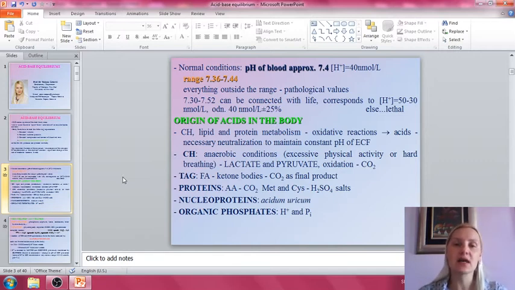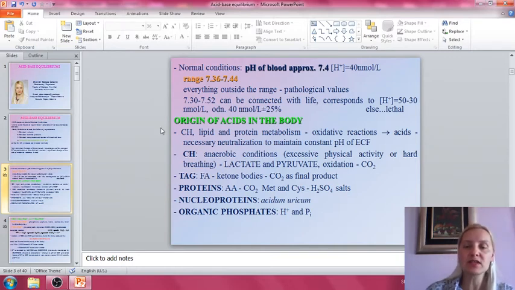Everything outside this range is considered to be a pathological value. The range between 7.3 to 7.52 can be connected with life, and it corresponds to approximately 50 to 30 nanomoles per liter. Everything else has a lethal effect towards cells and organism, of course.